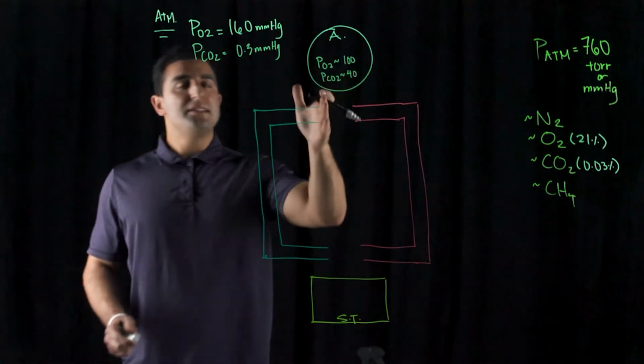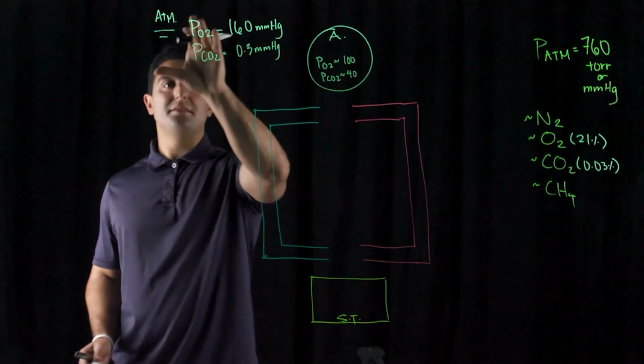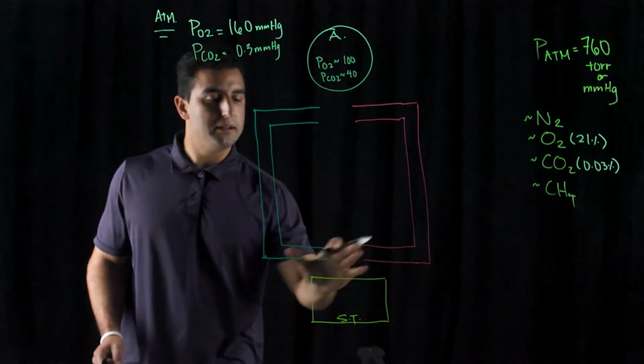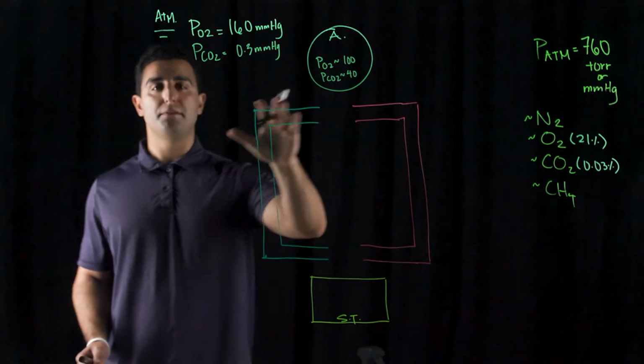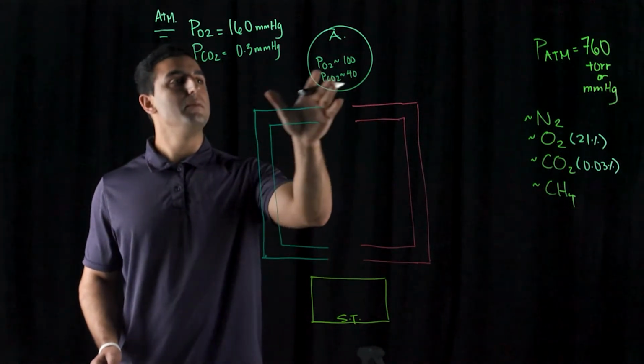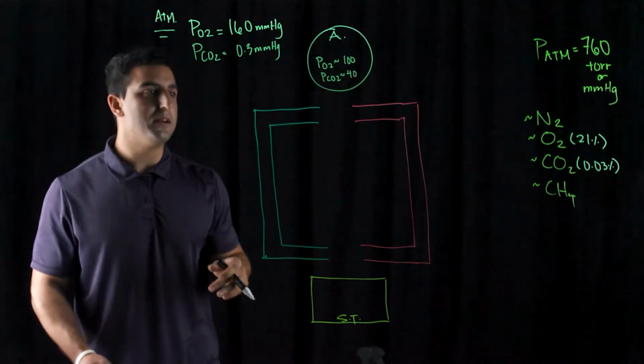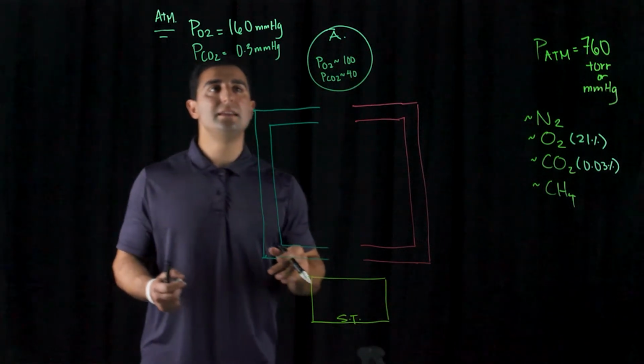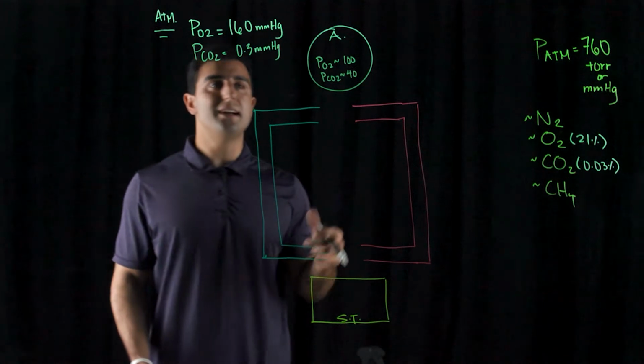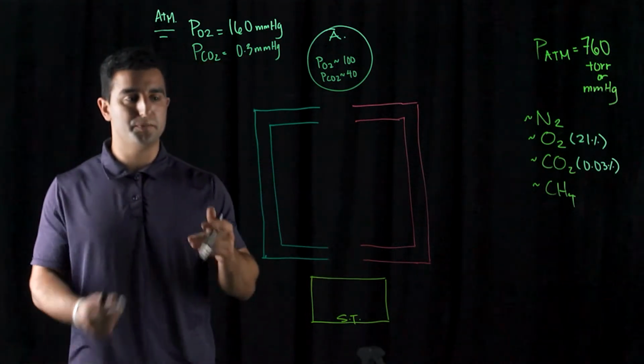And so this has to do with not only the atmosphere, but if you look at it, all the CO2 that is built up from the systemic circuit creates this 40 right here, right? And we said that this process is a passive process, high concentration to a low concentration, right?